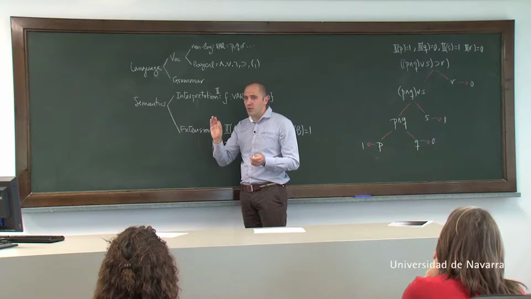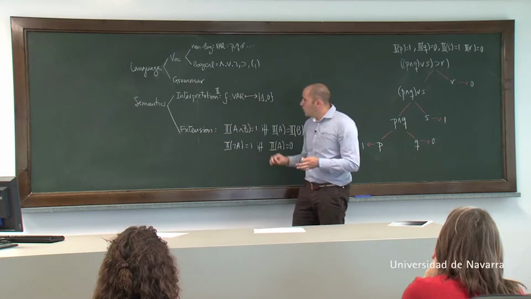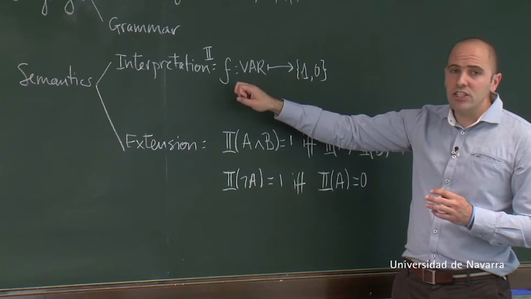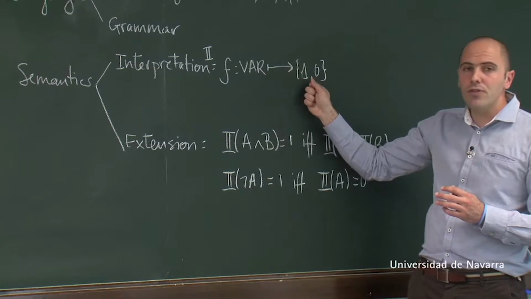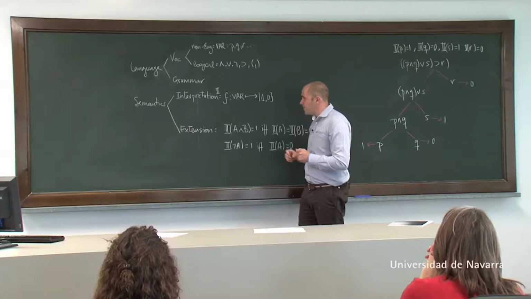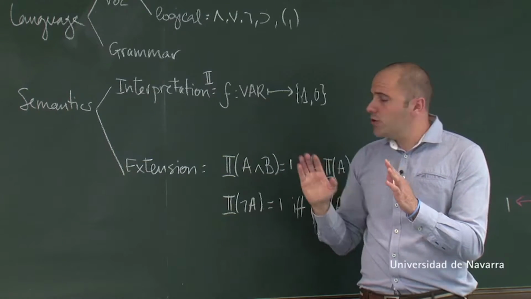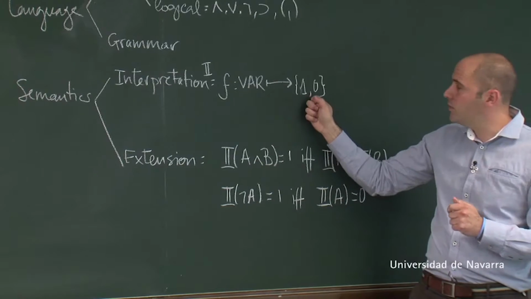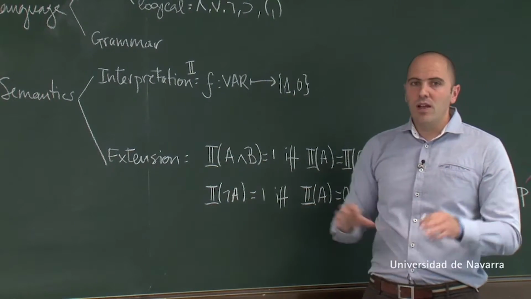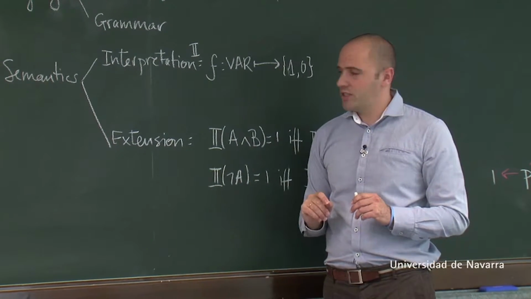All that matters for us is whether a sentence is true or false. So we will take an interpretation to be a function assigning truth values to the propositional variables. An interpretation is an assignment of truth values, true, 1, false, 0, to each propositional variable. This is a huge idealization, but this is the way logic works.